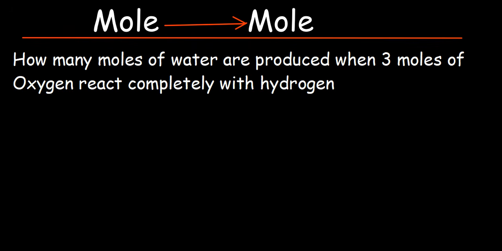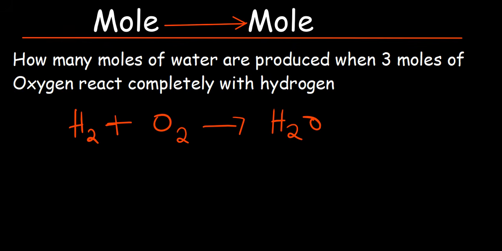First you have to write the balanced equation. In this case, hydrogen plus oxygen giving us water. To balance it, I'm going to put a 2 there and a 2 there. Now that the equation is balanced, we have to find the mole ratios.